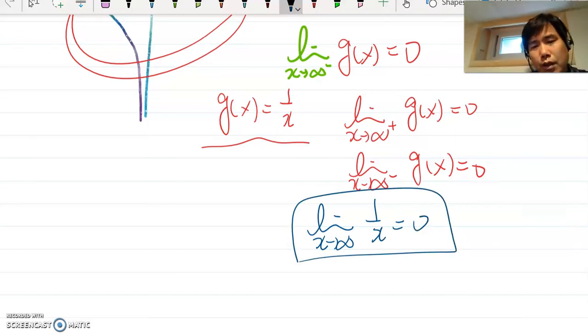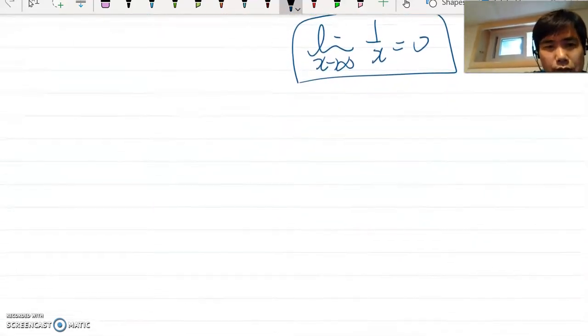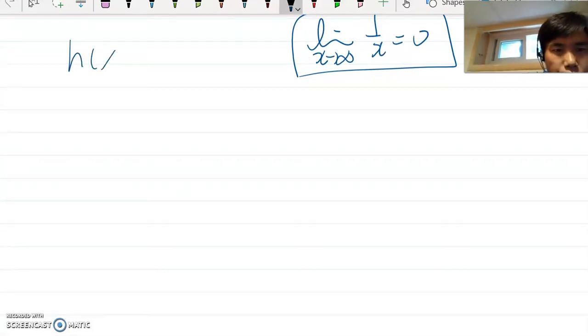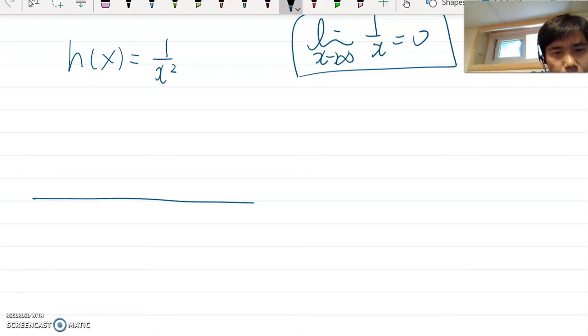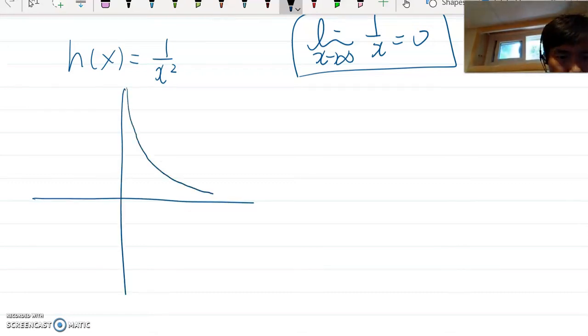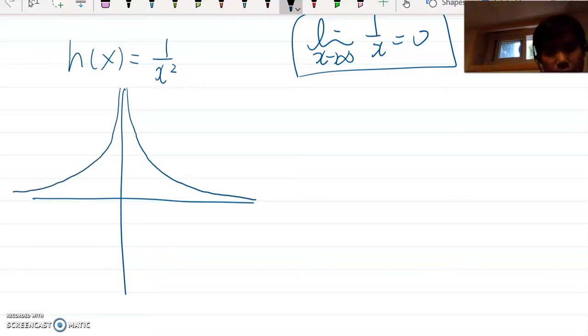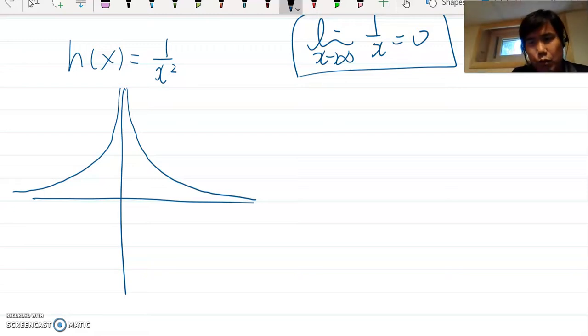Then what about h(x) equal to 1 over x squared? That graph, we can draw it, looks like this and this here. Of course, this one is not a continuous function, so we cannot say the limit exists at x equals 0, but going to the infinite side, we can define a one-sided limit.